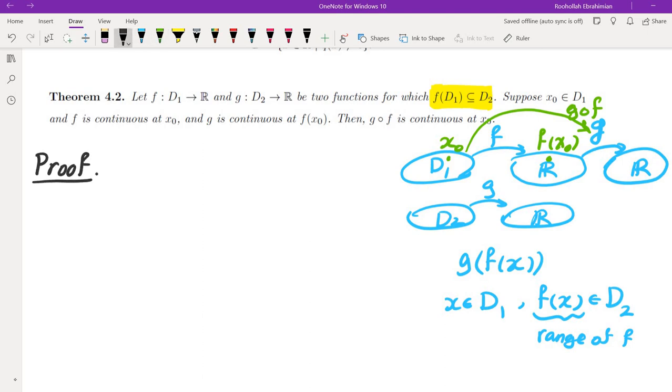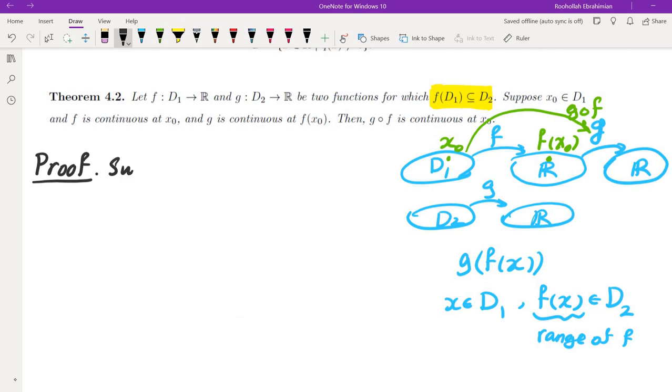Okay, so we're going to go ahead and prove this one. In order to prove g o f is continuous, think about what we need to do. We're going to have to start from a sequence that converges to x naught and then show that the functional value of that sequence also converges to the functional value of x naught.